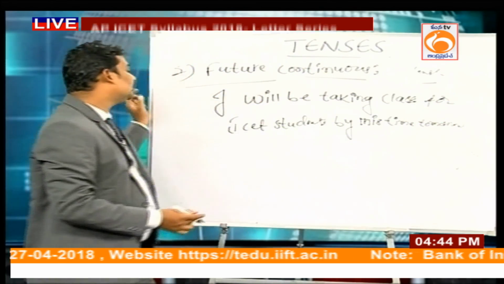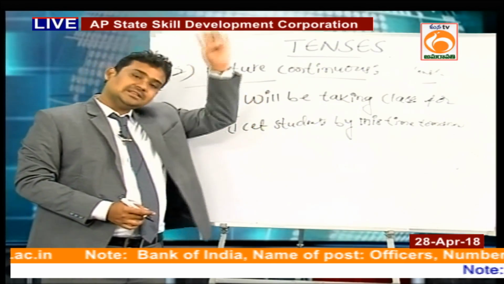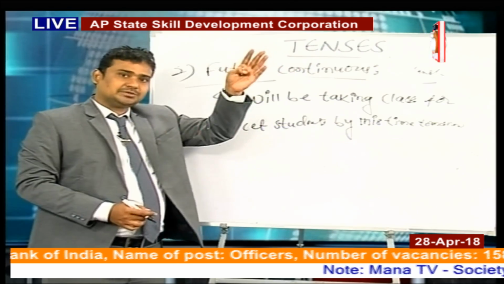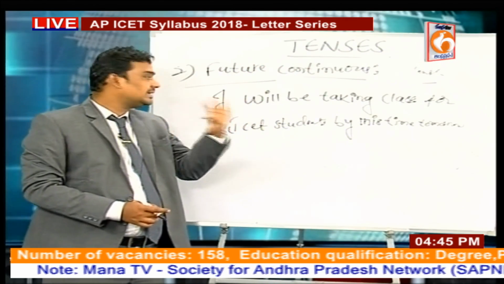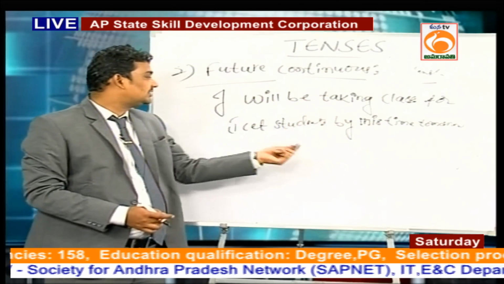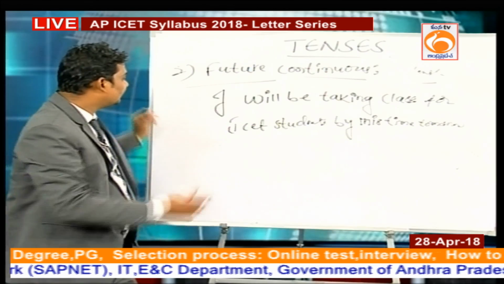This example explains that this action will be going on sometime in the future, the same time tomorrow. So I will be taking class for ICET students by this time tomorrow. This type of sentence.